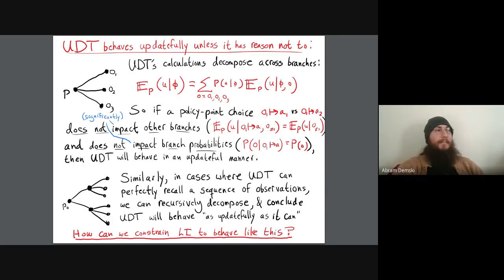Okay. So now, this is kind of a big picture slide of what's the project in this section. And now I'm going into more nitty gritty details of what kind of coherence conditions we might want to enforce in order to get this sort of result in the case of computational uncertainty.